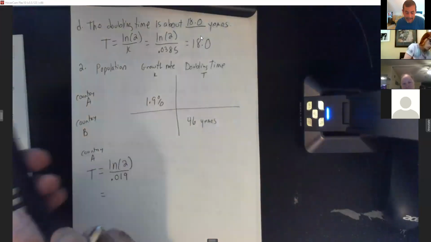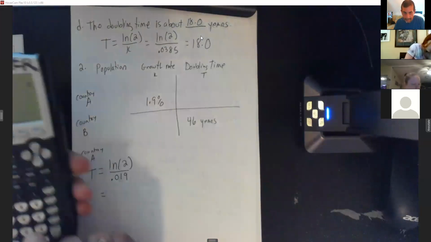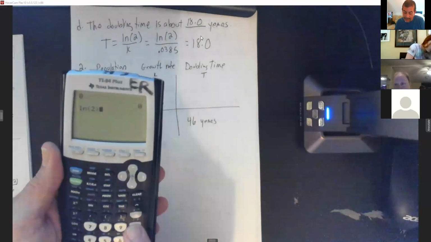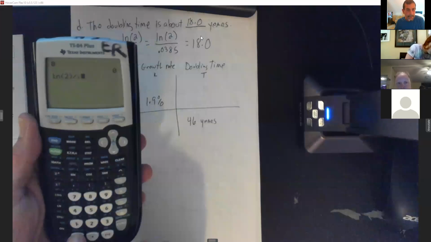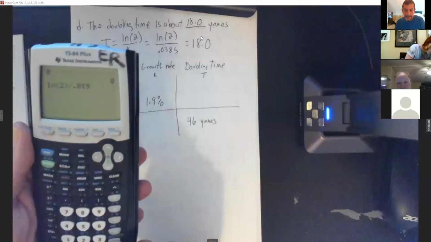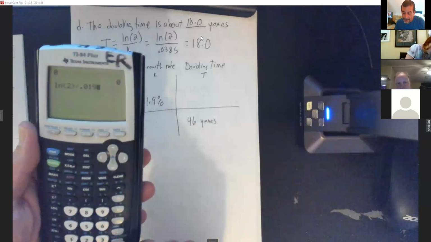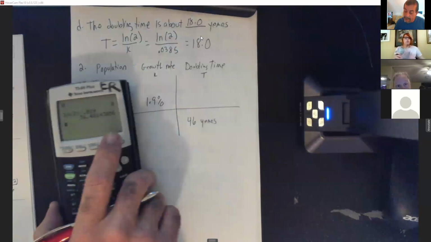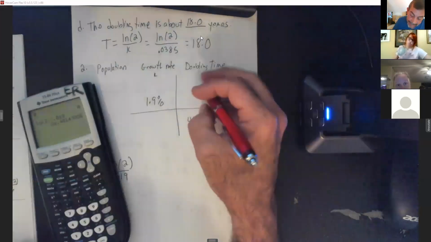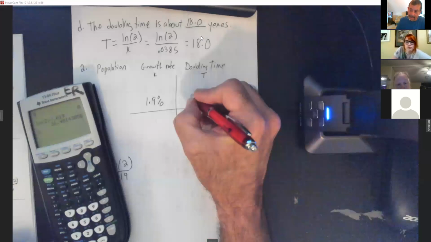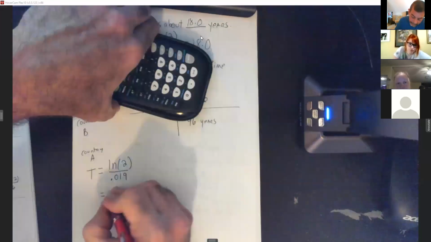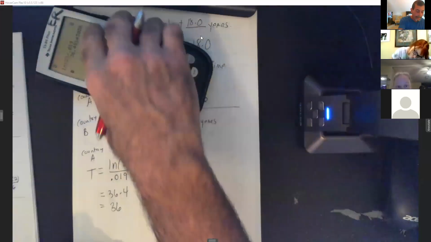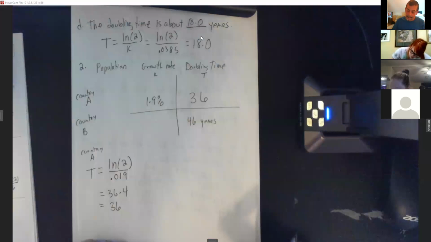So then let's divide that. ln of 2, close parentheses, divided by 0.019. And that gives me 36.4. And they want me to round to the nearest year, so I'm going to round that down to 36. So that's where I got my 36.